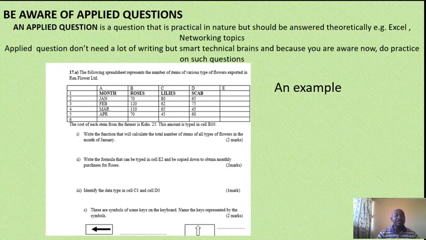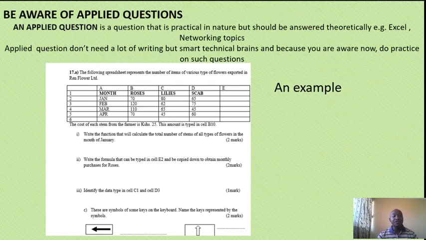Question 17. The following spreadsheet represents the number of items of various types of flowers exported by Red Flower Limited. We have month, roses, relays, and scab. Then there is the distribution there. The cost of each stem from the farmer is Kenya shillings 25. This amount is typed in cell B10.